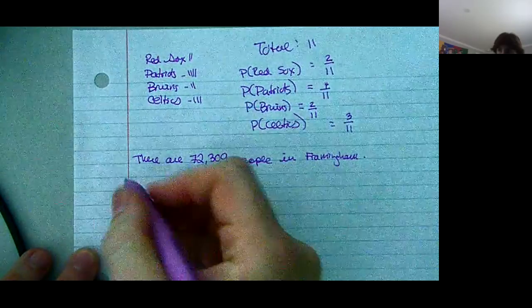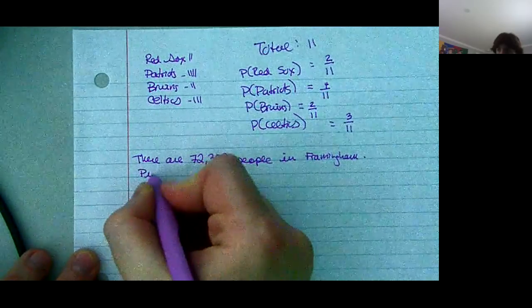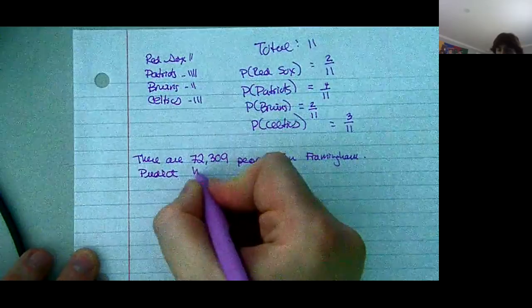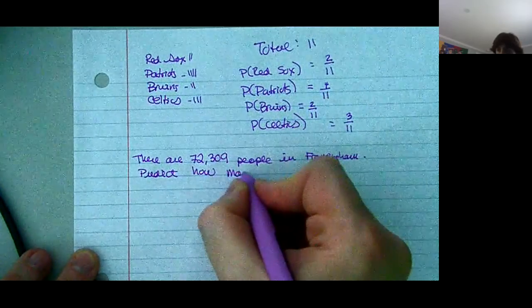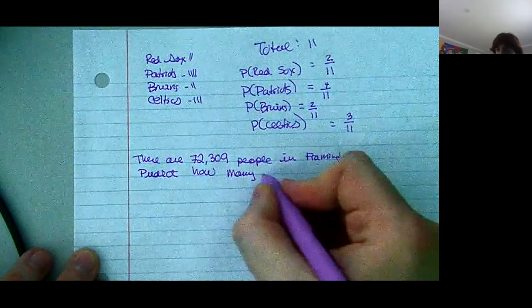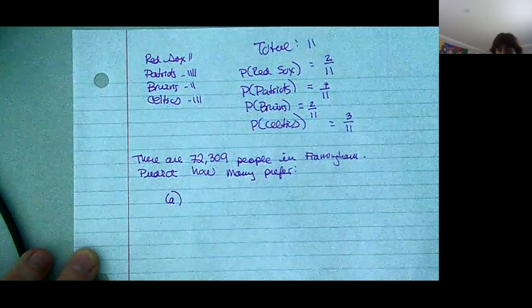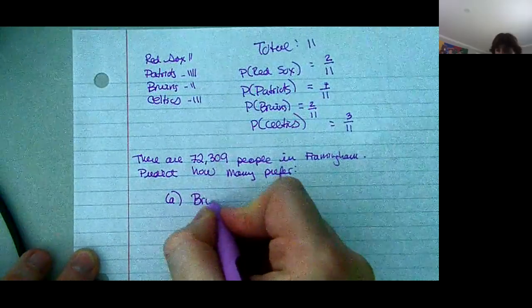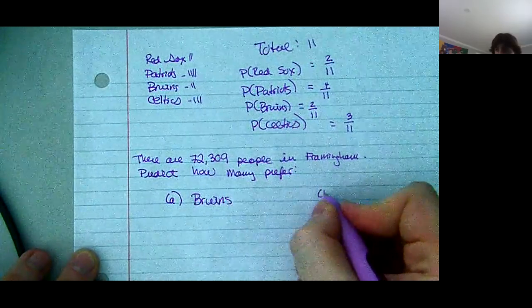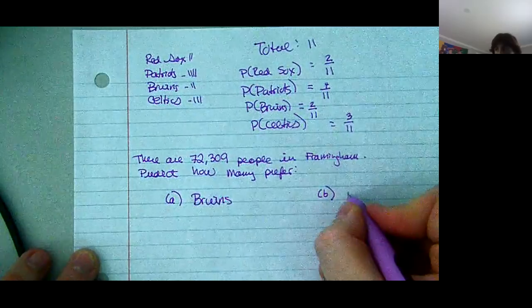You don't necessarily have to write all that down, but I want you to predict how many. Actually, on the screen, I am on the screen. How many would prefer? Part A, let's do the Bruins. Part B, let's do the Celtics.